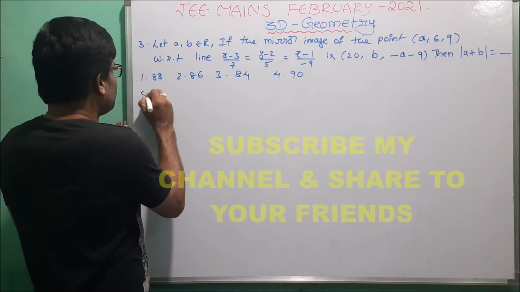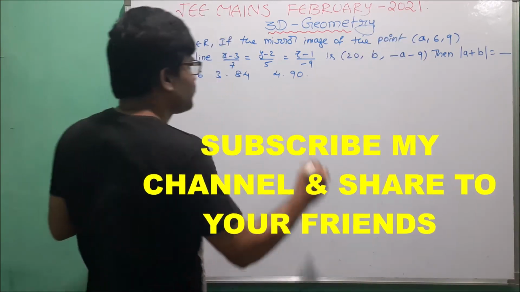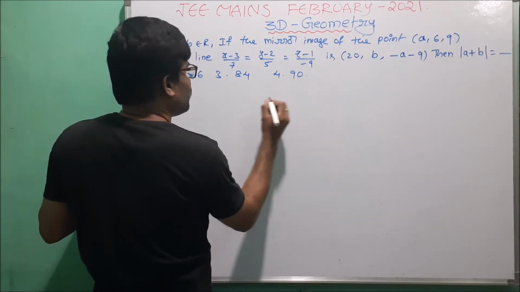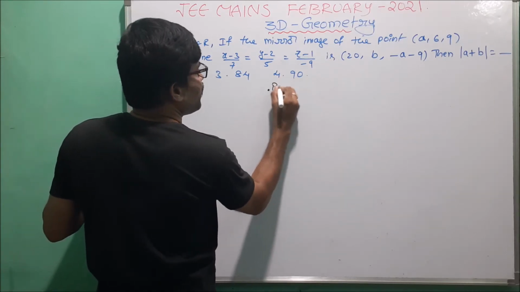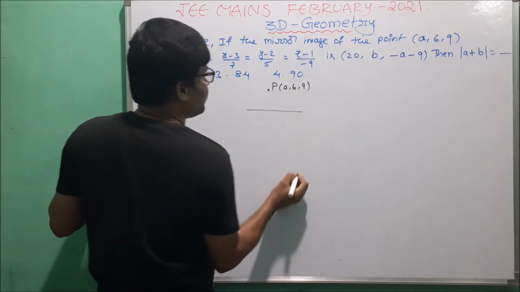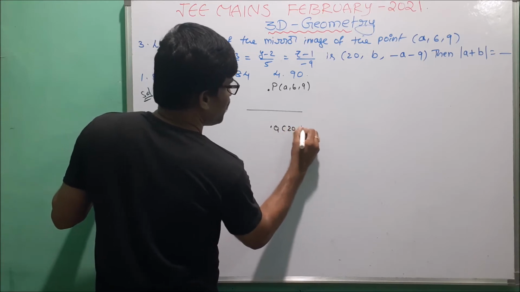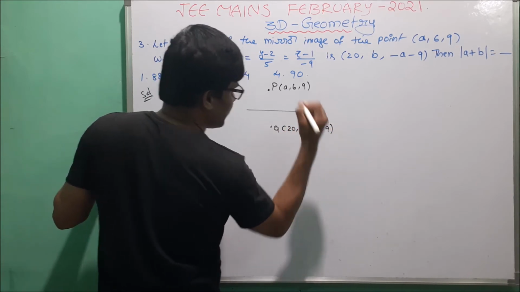We go to the solution. In that, first we take these two points. The point P is (a, 6, 9) and this is the line, and this is the point Q, (20, b, minus a, minus 9).